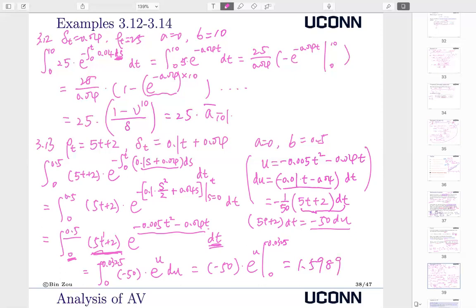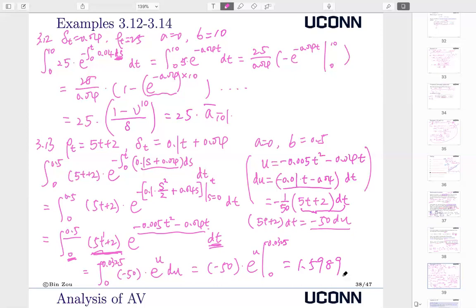Okay. What else? We do have one more, 3.14. 3.14 is actually a lot easier, because again, it's a constant for delta and rho, but now what's different is you start from 2 to 6, so the payments start from 2.